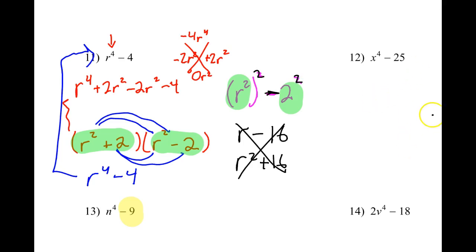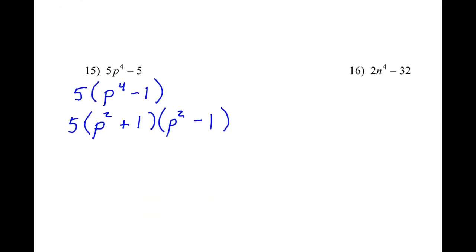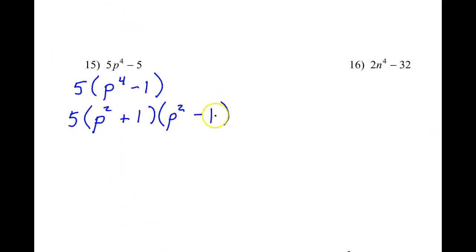All right, so going back down here, you'll notice that p squared minus 1 is the same as p squared minus 1 squared. So that means that alone can be factored yet again. It's going to be a p plus 1 and a p minus 1, right?